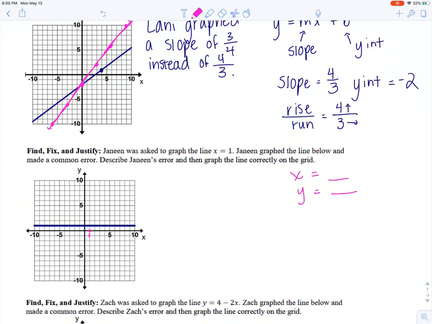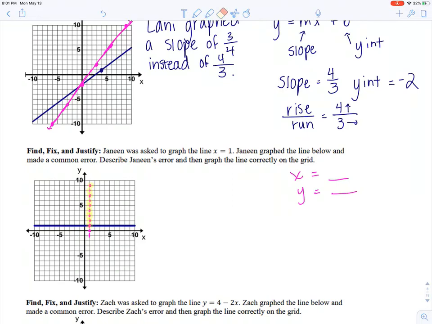So all of these points along this line have x coordinates of 1, right? This is the point (1, 1), this is the point (1, 2), (1, 3), (1, 4), (1, 5), (1, 6), (1, 7), (1, 8), (1, 9), and we can also go in the opposite direction.